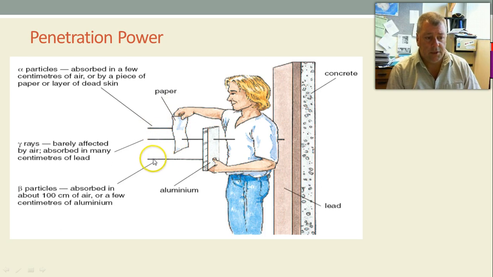For some reason they didn't show the beta particle going through the paper, but most of the beta particles would go through a piece of paper, but are then stopped by a piece of aluminium, probably a little bit thinner than that, whereas the gamma ray goes through the paper, through the aluminium, through the person, and is stopped by a thickness of lead and concrete.